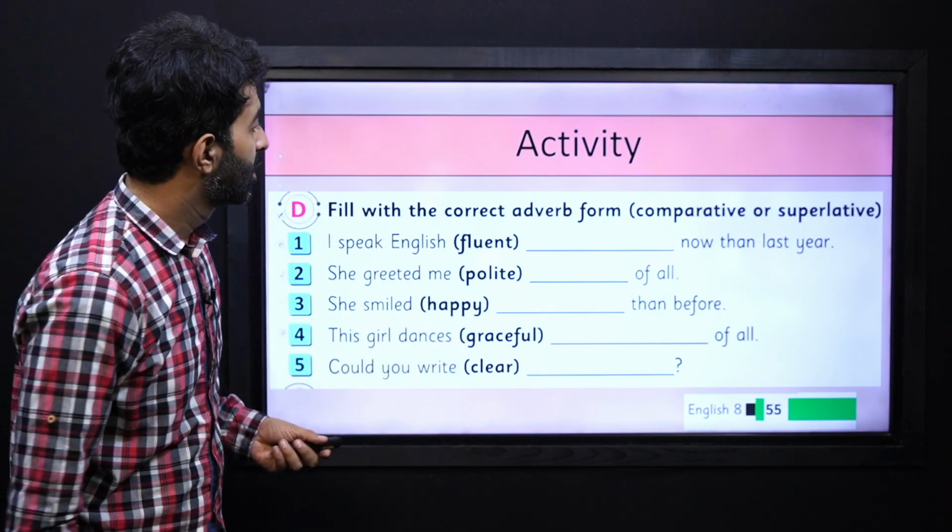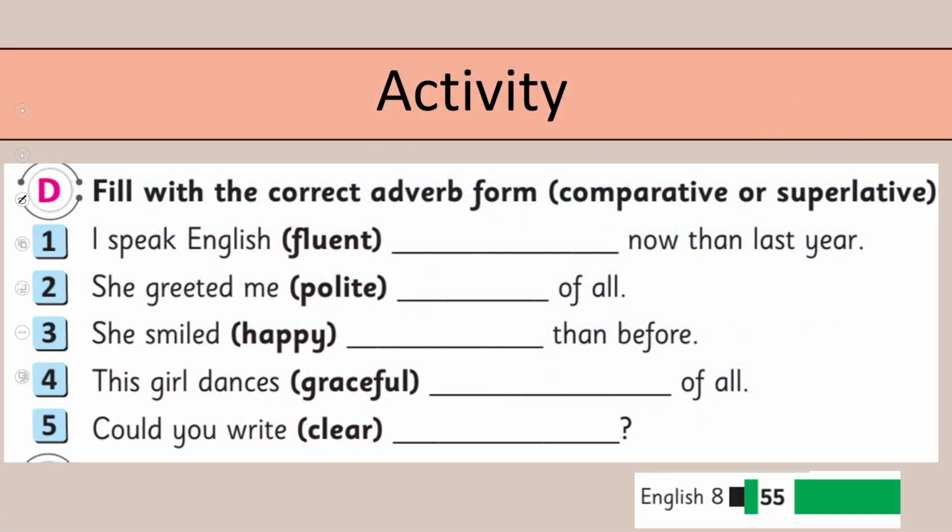Now let's do the activity, students. Be prepared. We are going to fill in the correct form of adverb in the comparative or superlative degree. I speak English. Now the word is fluent. We are going to make it into an adverb.